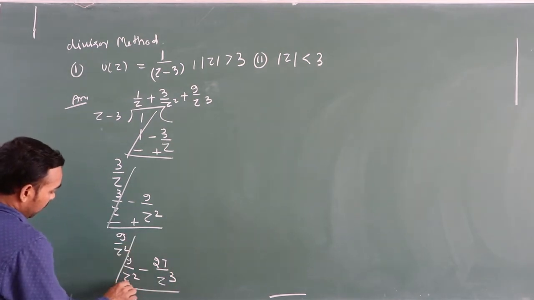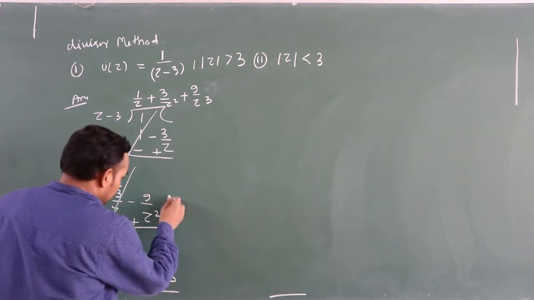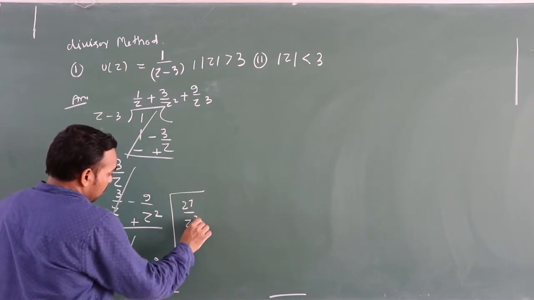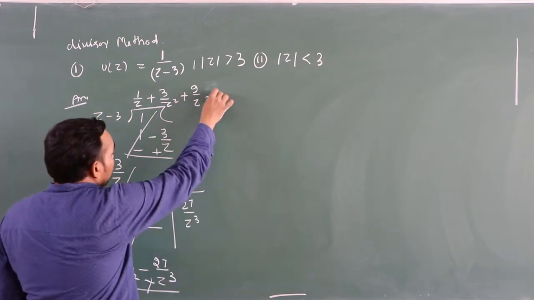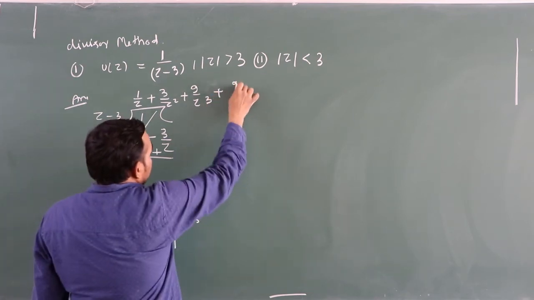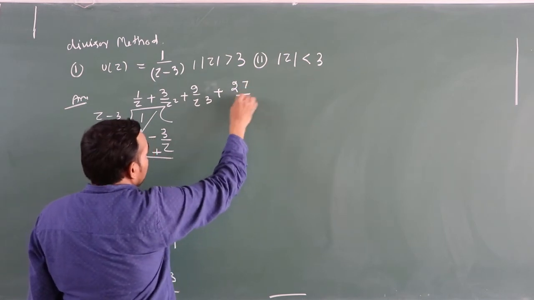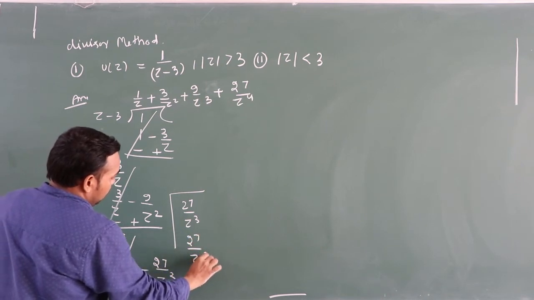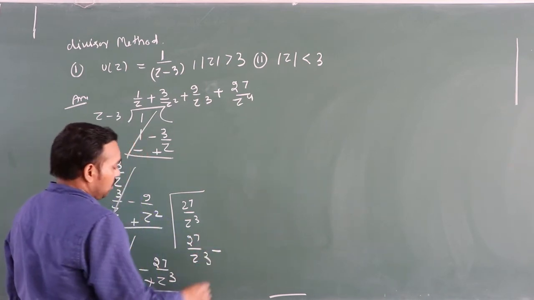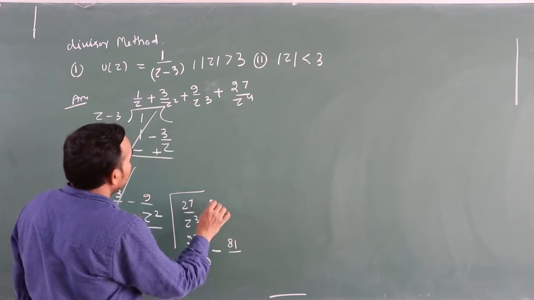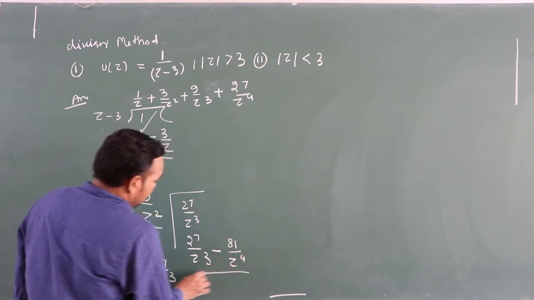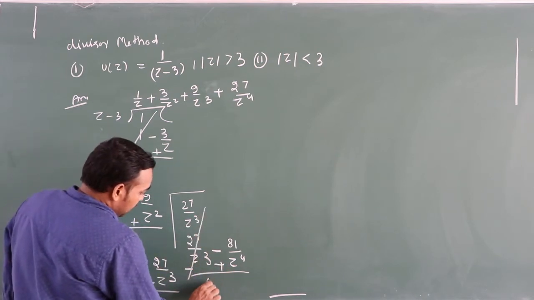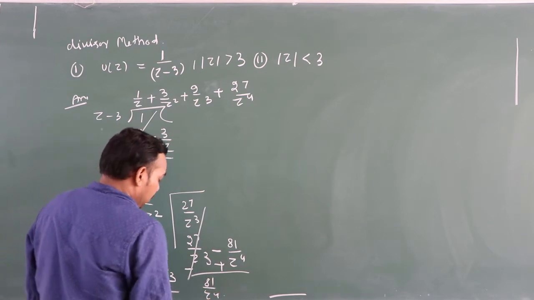Minus and plus cancel out, and we get 27 upon Z cube. Dividing by Z, we get 27 upon Z cube minus 81 upon Z to the power 4. Again it cancels out, so we get 81 upon Z to the power 4.